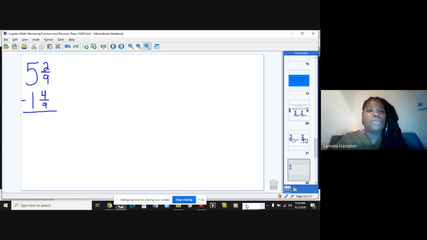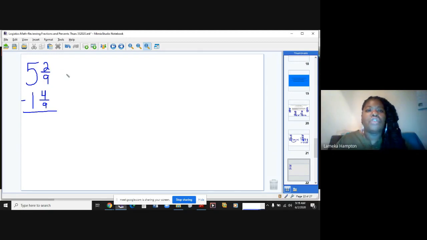All right. So the first thing that you should notice or that should catch your eye is the fact that 2/9 is smaller than 4/9. That's the first thing that should catch your eye. So you would not follow the original steps as you would in the earlier examples, simply because if I asked for $4, but all you have is 2, that means I'm going to have to borrow from someone.